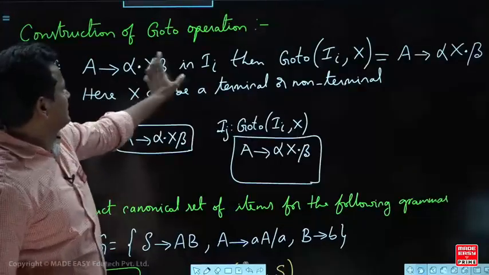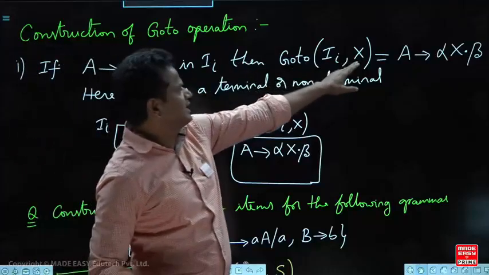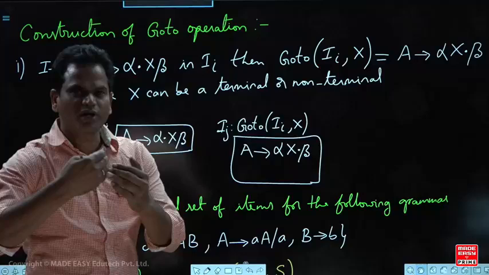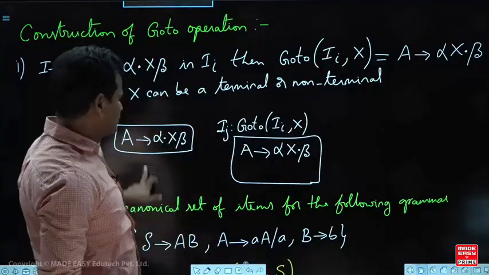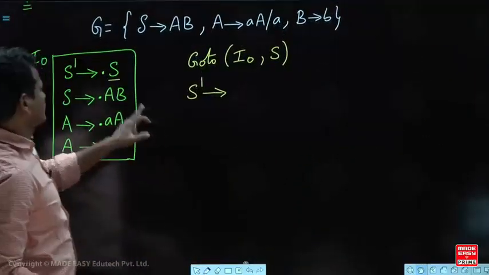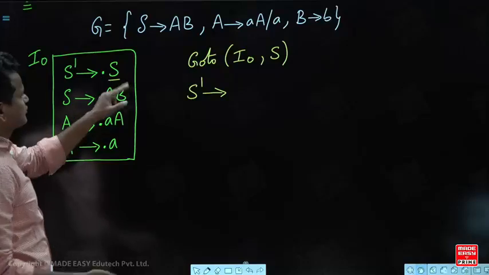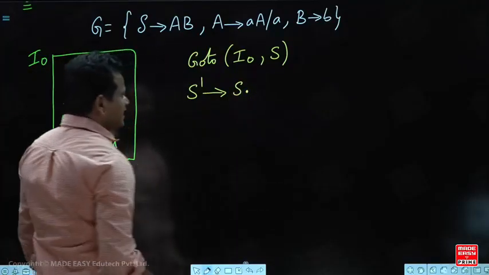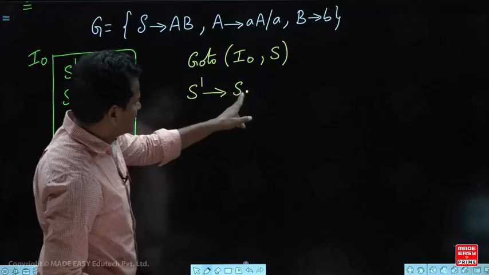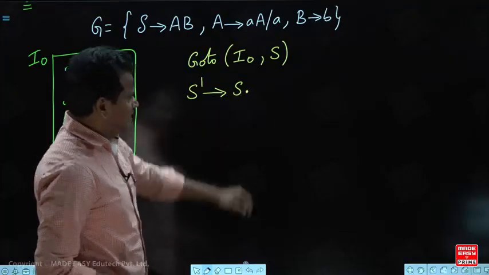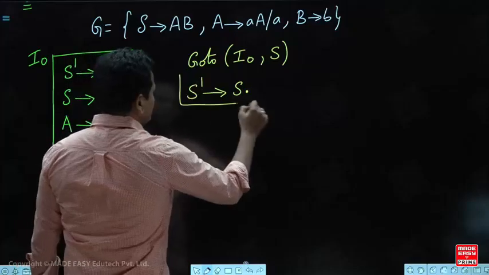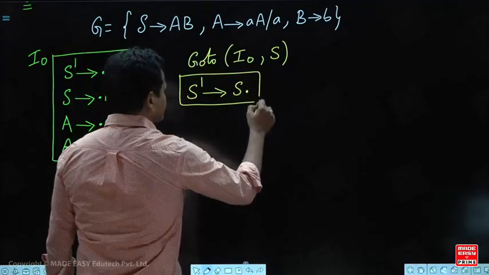If this is one item in I, goto of I comma x means just move the dot one symbol forward. Here the dot is there, so we move the dot. We have moved the dot. Now look at this. What is after the dot? Nothing. There is nothing after the dot. So close this one.